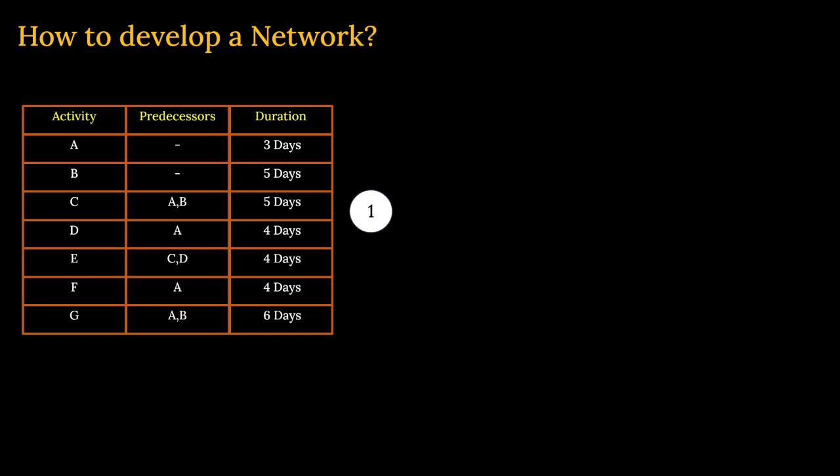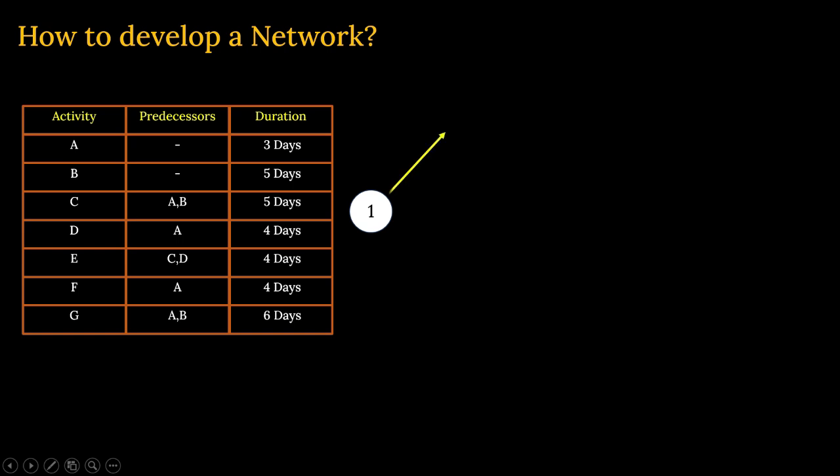Firstly, if you see, this is one node, we call it a start node, and from there we can see that two activities are starting, activity A and activity B, because they have no predecessors.